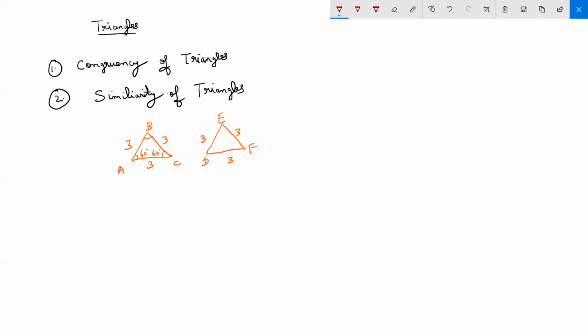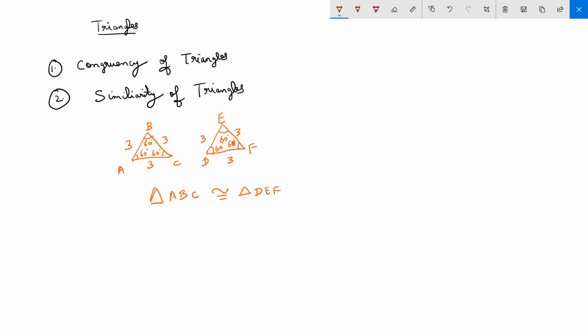So here these two are the equilateral triangles. These two triangles are congruent to each other. Triangle ABC is congruent to triangle DEF.